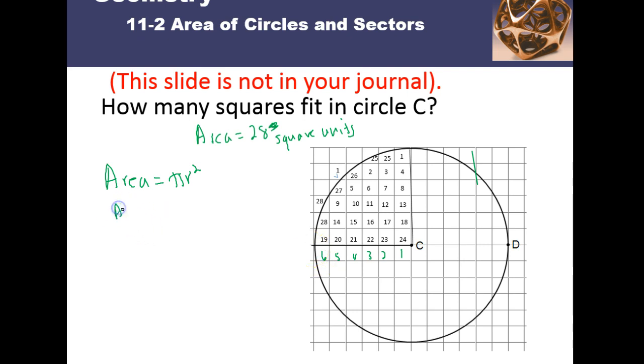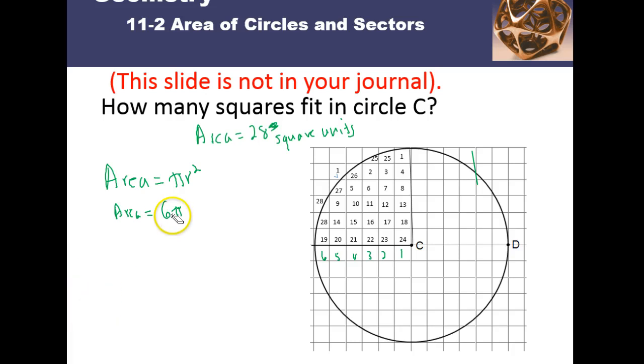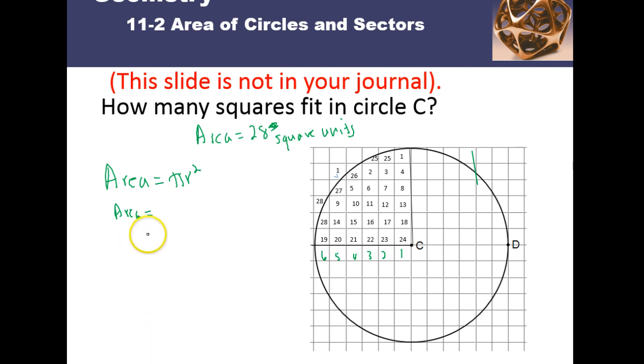So my area of the whole circle is pi 6 squared.